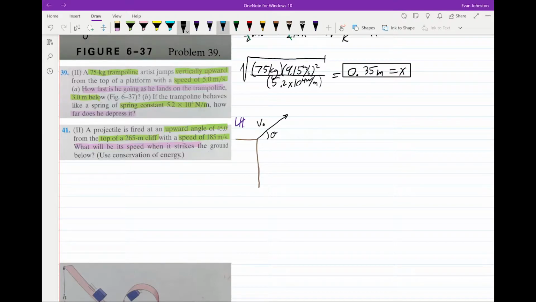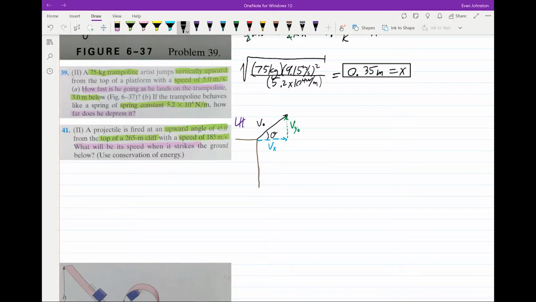We're even told the angle. And so then we know that this is like the x component of the velocity, and that this is like the initial y component. And the initial y component is going to change. It's going to get less and less as it goes up because gravity pulls down on things. But this x component is not going to change because we're ignoring this air resistance.